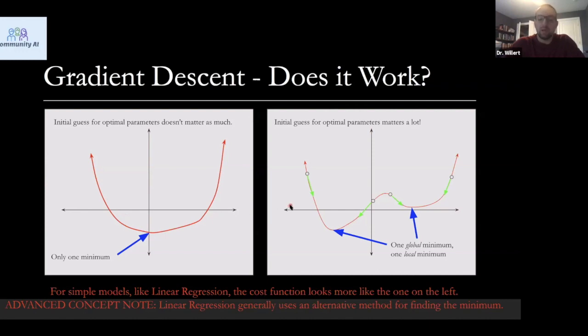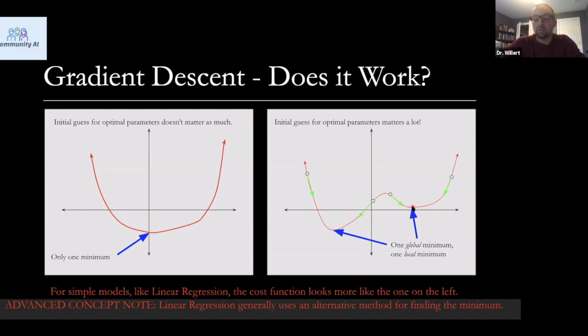But that might not be true if our cost function has a little bit more shape to it, if it has what we call a local minima and a global minima. The global minimum is really the value where the cost function attains its minimum everywhere.